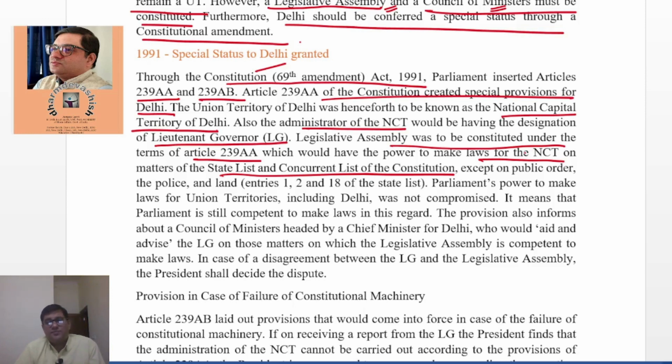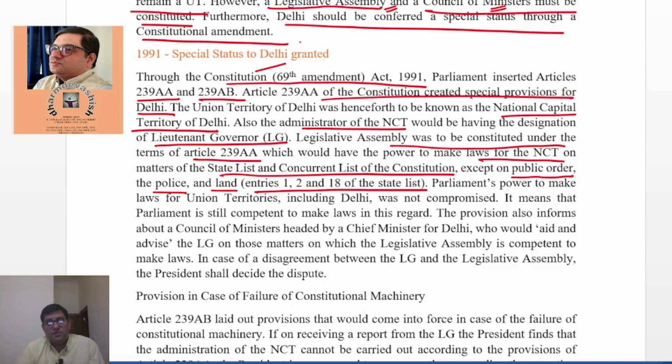The legislative assembly of NCT of Delhi can make laws on the state list and concurrent list, but at the same time the legislature of NCT of Delhi does not have full-fledged powers to legislate on each and every matter of the state list. Why? Because the NCT legislature cannot make any law with respect to public order, police and land. And what are these entries? From the examination point of view, this becomes important.